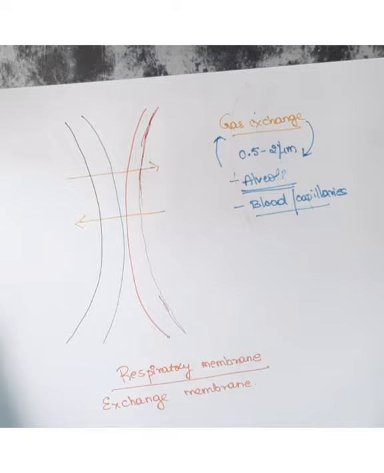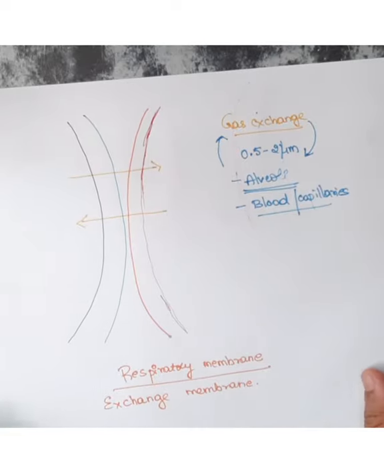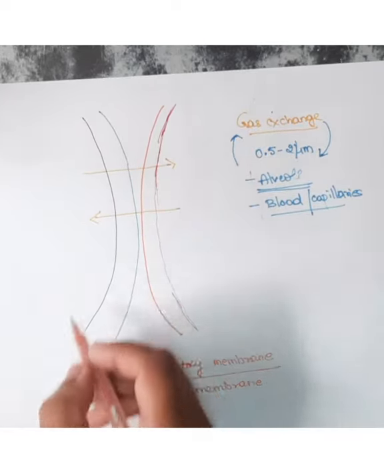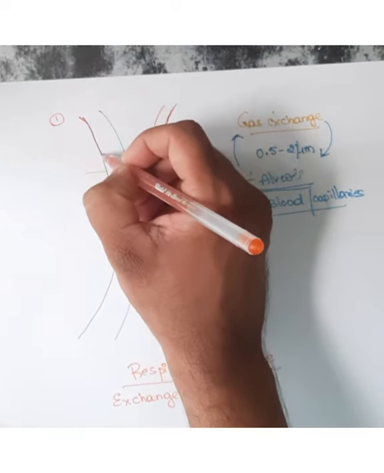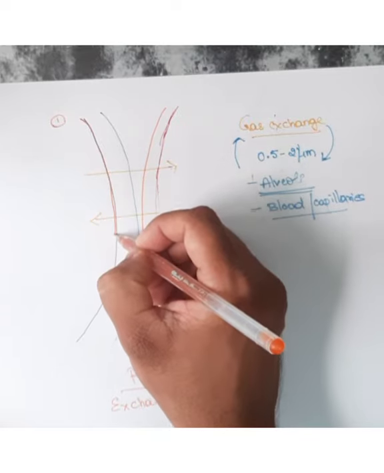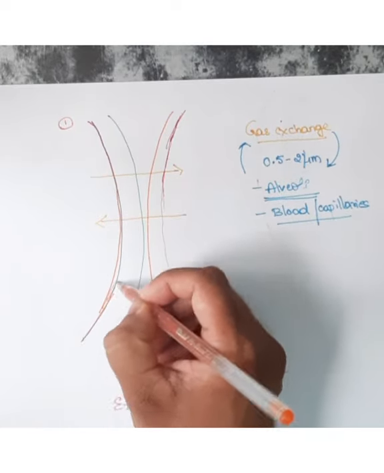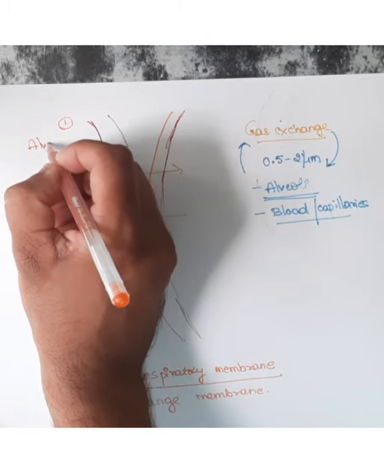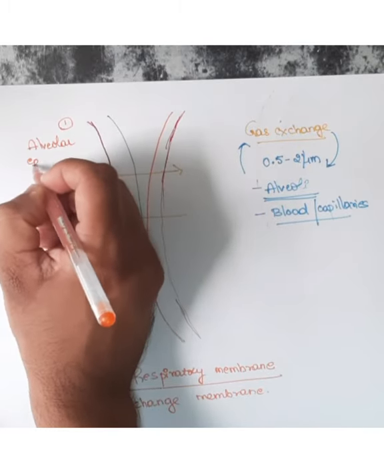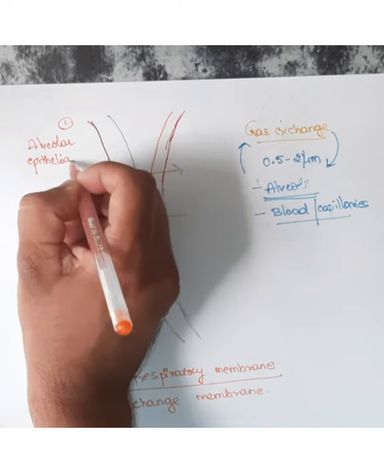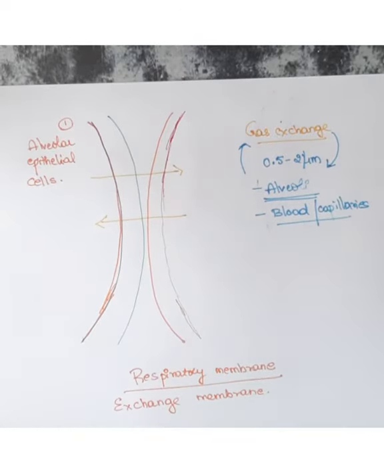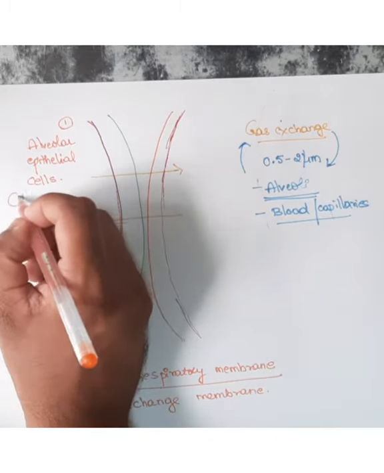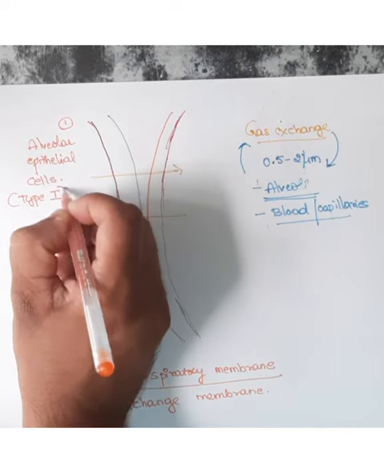So what is it made up of? Number 1, this layer is made up of alveolar epithelial cells. As we have already seen, the alveoli consists of 2 types of epithelial cell, type 1 and type 2. Type 1 is involved in the gas exchange.